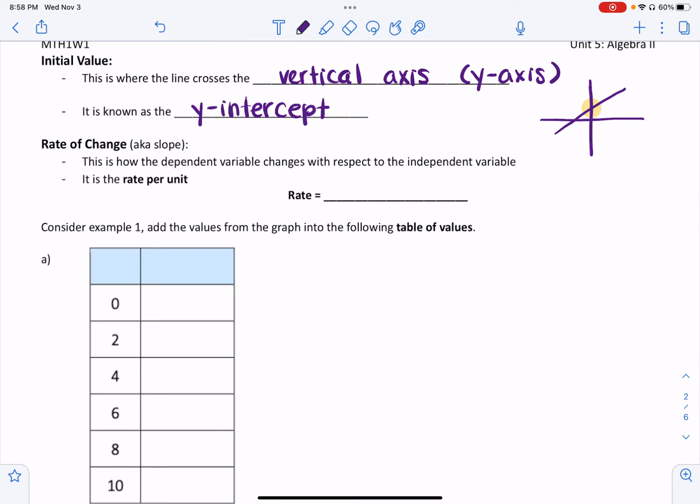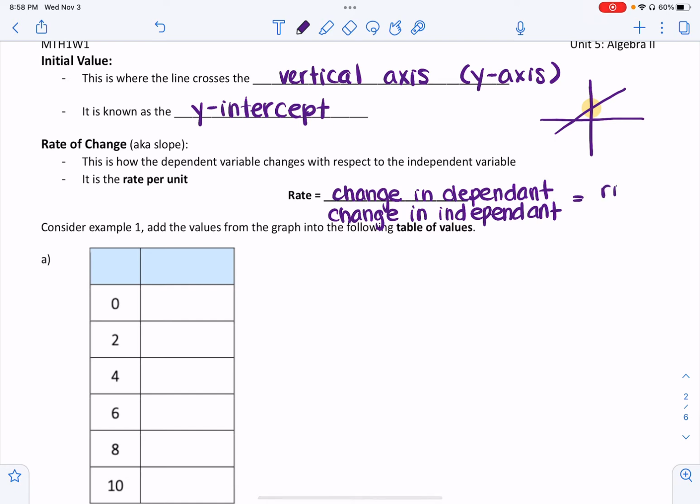That way, if we know how many days, we can figure out our cost. So when we're finding our rate, it's just like finding our slope. It's our change in our y variables divided by the change in our x's. So it's our change in our dependent variable, which would be cost, divided by our change in our independent variable, which would be days.